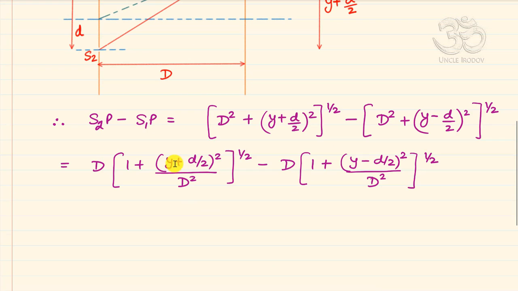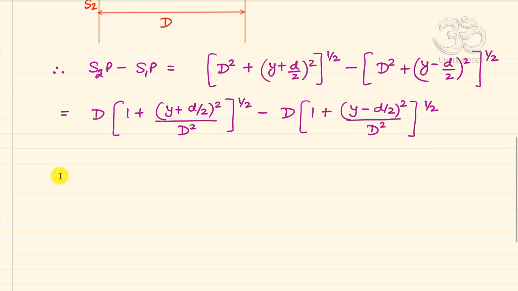So it stands to reason that if I just take y and add d by 2 to it, that will still be much smaller than big D. And to top it all, I'm squaring that number. So squaring that number will make the effect even smaller. So this final end result is going to be all that much smaller than 1. And this one will also be all that much smaller than 1.